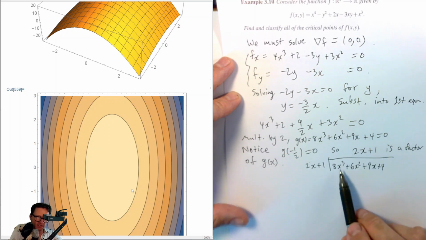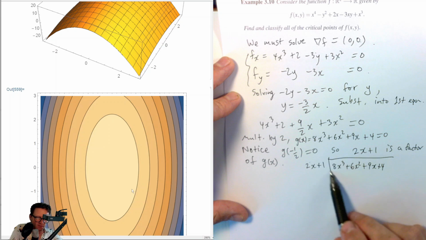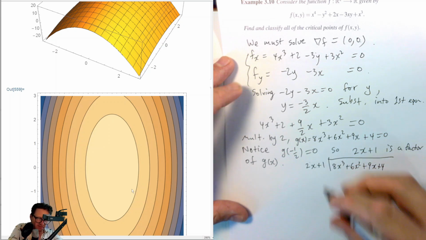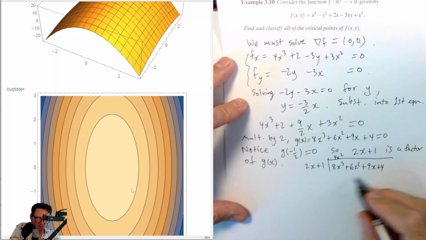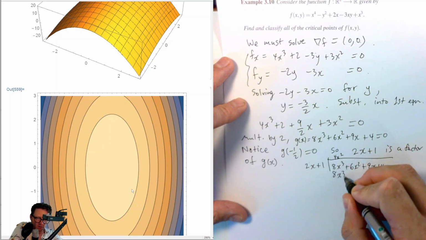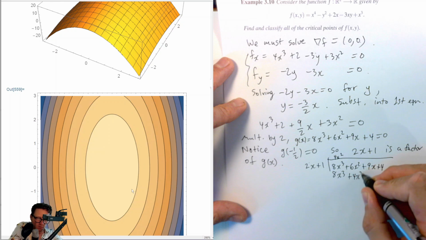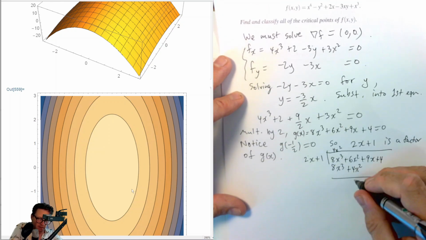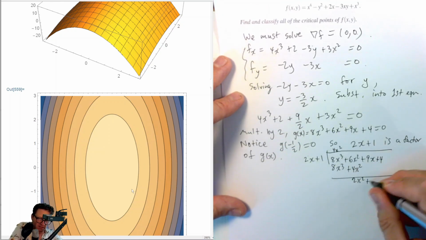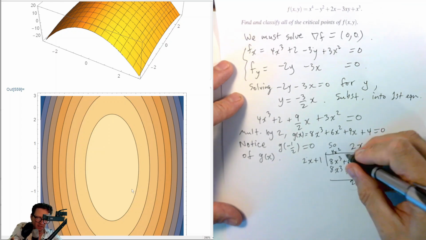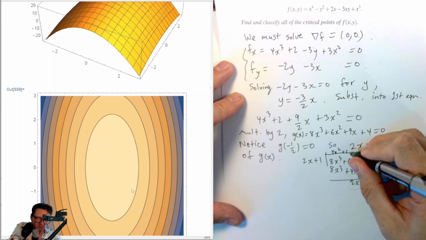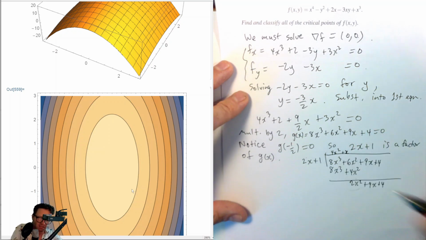Okay, so let's do it. What do I need to have up here? So this divided by 2x is 4x squared. Multiply this times this, write it underneath. We've got 8x cubed plus 4x squared. Take a difference: 2x squared plus 9x plus 4. Okay, this divided by this is a single x, isn't it? Yep, single x.